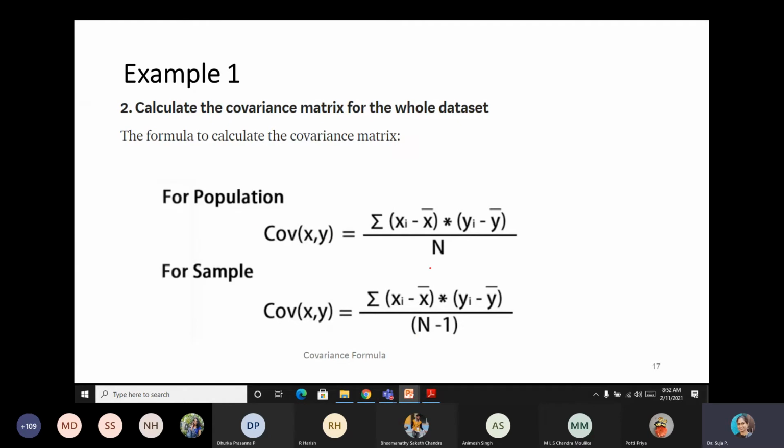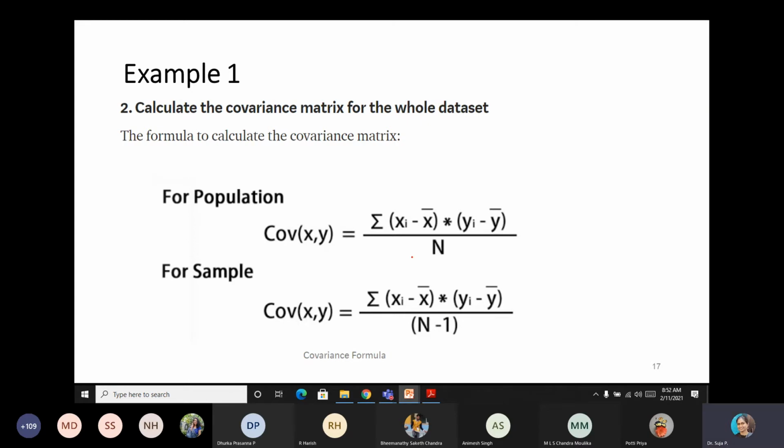If I am using the entire population, then I have to divide by n. I hope you know this. Basically, covariance gives a measure of how a variable tends to vary with reference to the other variable in the data set, something like a correlation.